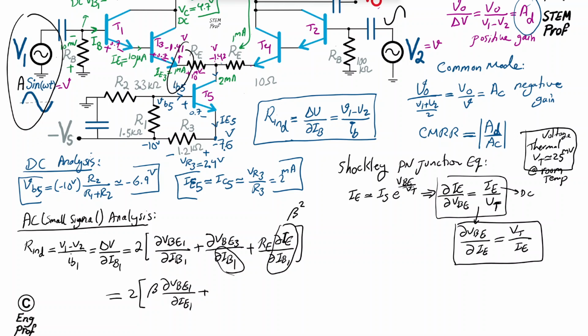So I need to take care of the beta multiplication to get from IB to IE3. As a result, I can just write beta squared, the change in the base-emitter voltage of transistor 3 divided by the change in emitter current of transistor 3, plus RE times beta squared.